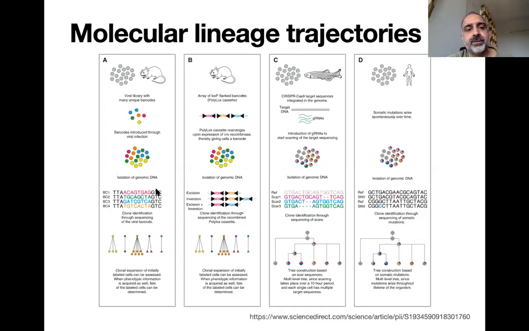So this is no different from any of the lineage labeling that we've talked about earlier. It gives a slightly higher resolution, I think.